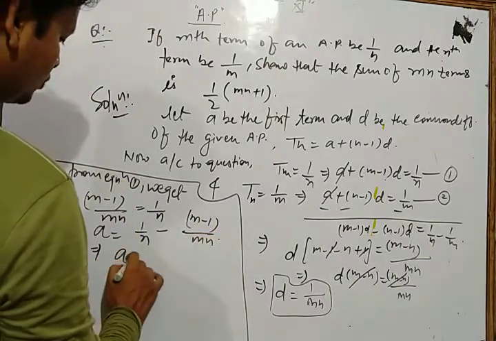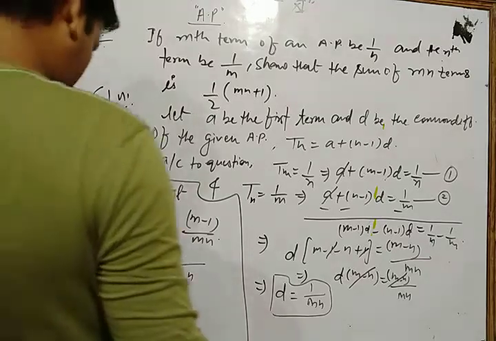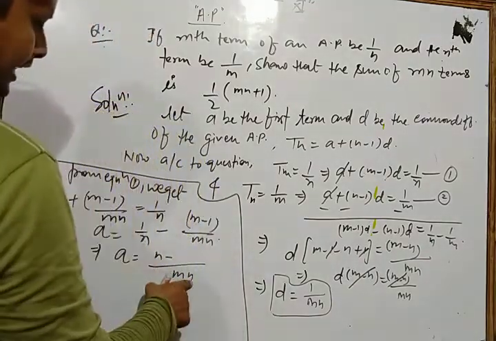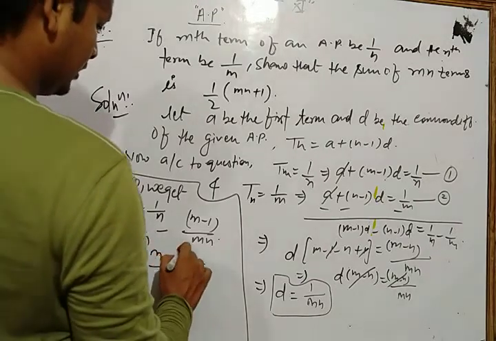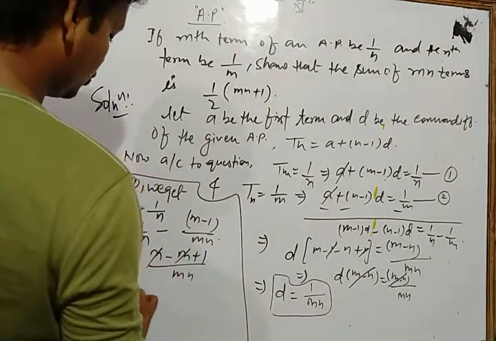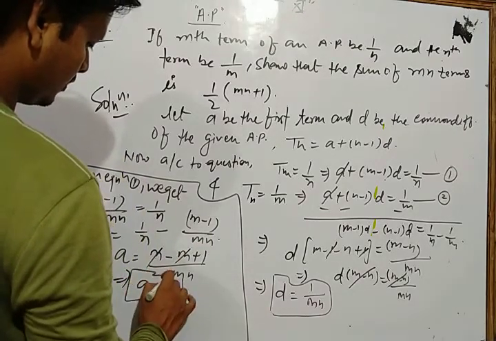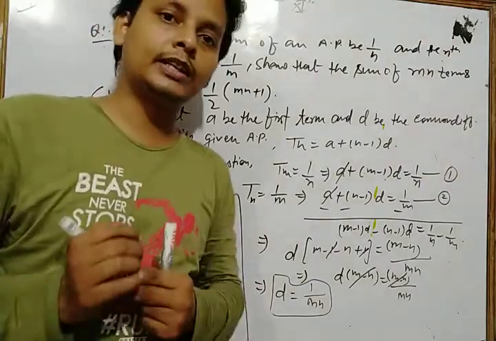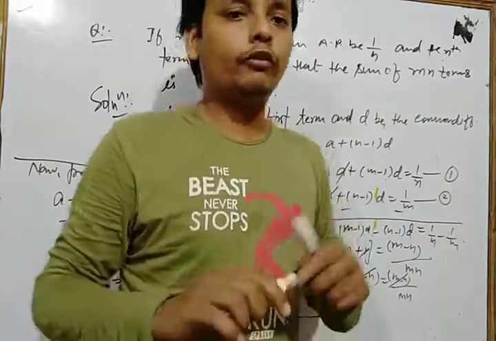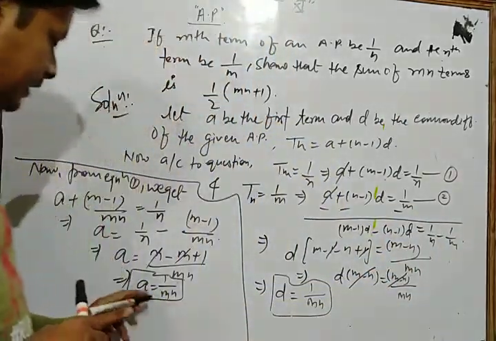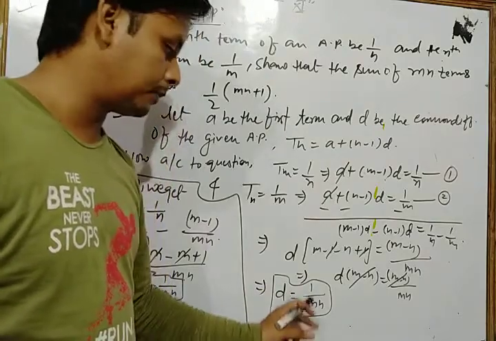So a is equal to, taking mn as LCM, m minus (m minus 1) upon mn. Here the m's cancel each other, so the value of a is also 1 upon mn. So dear students, after solving equations 1 and 2, we get the values of a and d are the same, that is 1 upon mn. The value of a and the value of d are both equal to 1 upon mn.